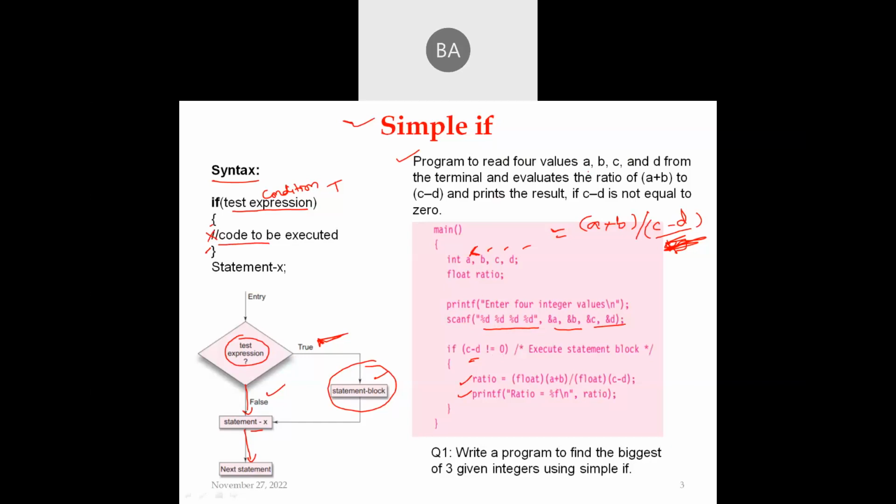A plus B divided by C minus D, because we want this ratio as a float value, so we typecast A plus B to float, and similarly C minus D also to float. This is the typecast operator we have already discussed in the operators. Then we print ratio is equal to the ratio value, followed by backslash n. So this is a simple example.